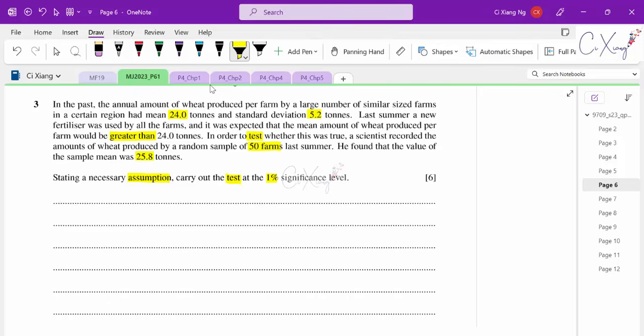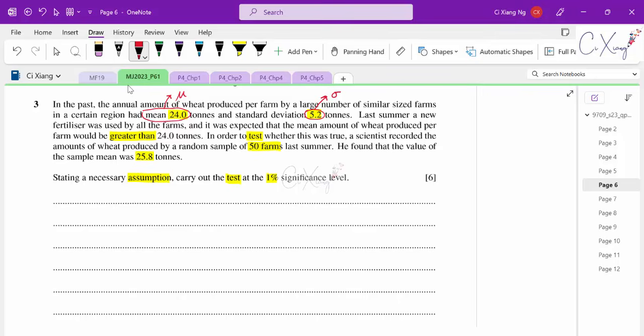And then what kind of value or data do we want to test? If we have a look here, we are having mean 24.0, where it denotes the population mean. And then we are having this value, standard deviation is 5.2, oh sorry, population standard deviation, that means the population standard deviation is known.